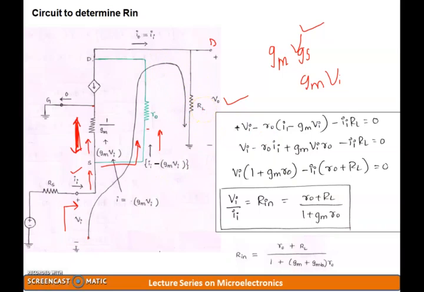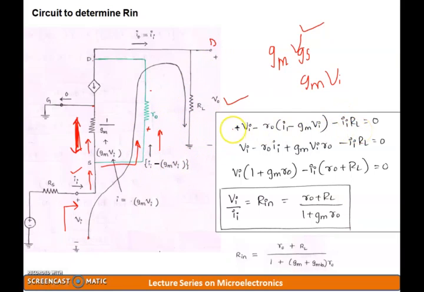As simple as that. Many of you may be following some other notion, but this is the notion I usually follow with respect to Kirchhoff's voltage law. Current is leaving this terminal, so I am writing it as plus Vi. Though the resistance doesn't have any terminal, I just say current is leaving over here. I say this is a positive node and this is a negative node, so minus R naught multiplied by this entire term, and then current is leaving over here, hence minus II into RL.